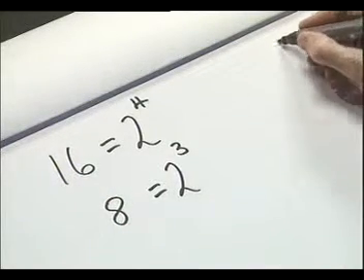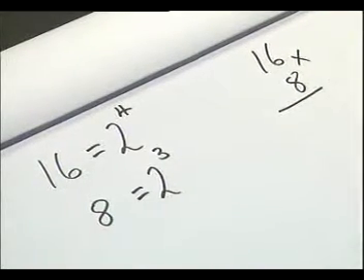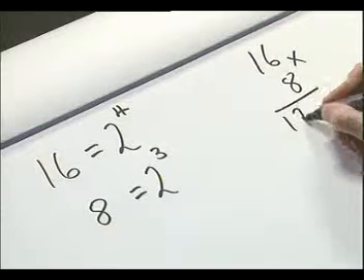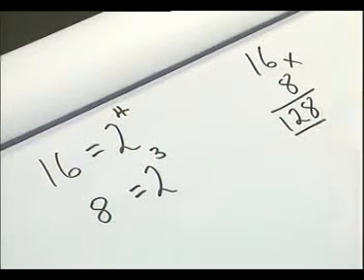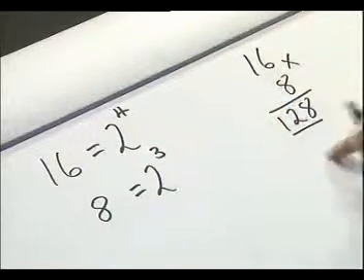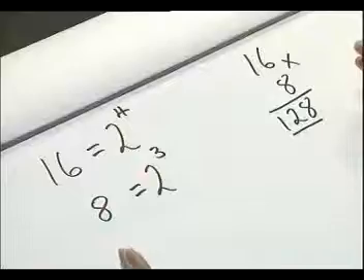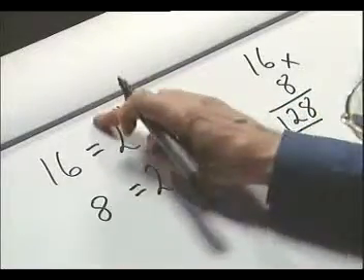Well, one way of doing it would be long multiplication. We can do that, and the answer is 128. But there is another way. Rather than having to go through this multiplication sum, which, if the numbers were other than 16 and 8, would be very long, can we not make use of the way we've expressed these?